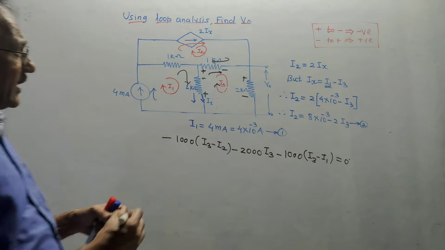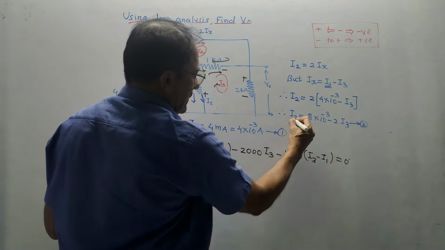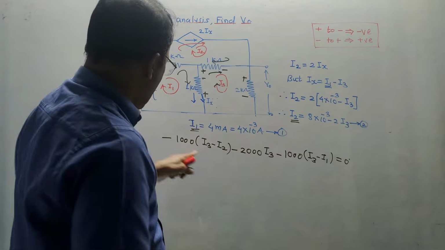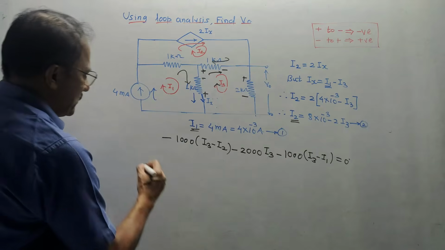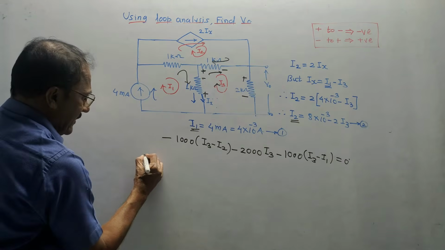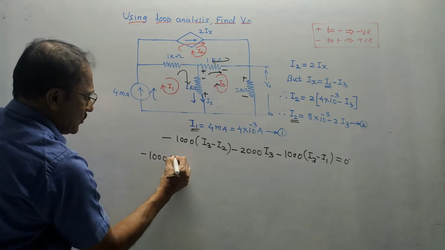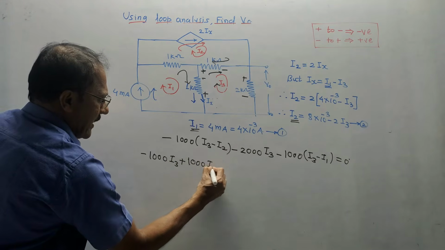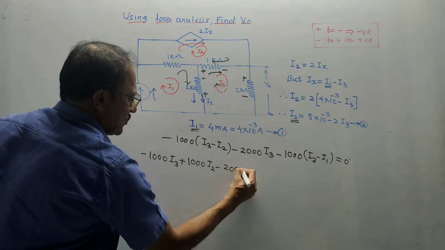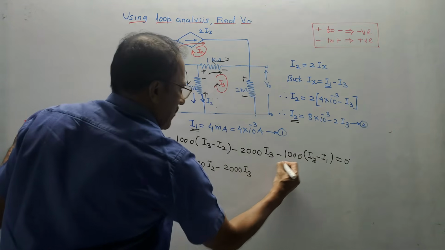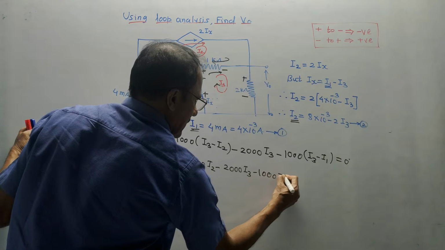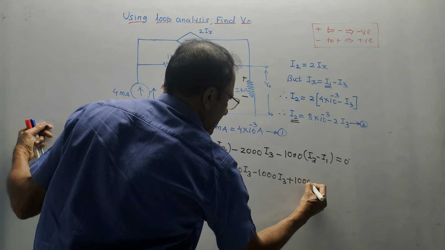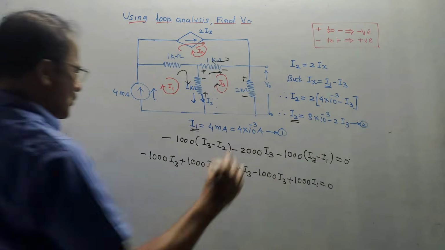Now, wherever you are getting the terms I2 and I1, you need to put the values. I2 is this value and I1 is 4 milliampere. So let us put the values. Before that, I will simplify it. Minus 1000 I3, plus, minus times minus becomes plus 1000 I2, minus 2000 I3, minus 1000 I3, minus times minus becomes plus 1000 I1 equals 0.